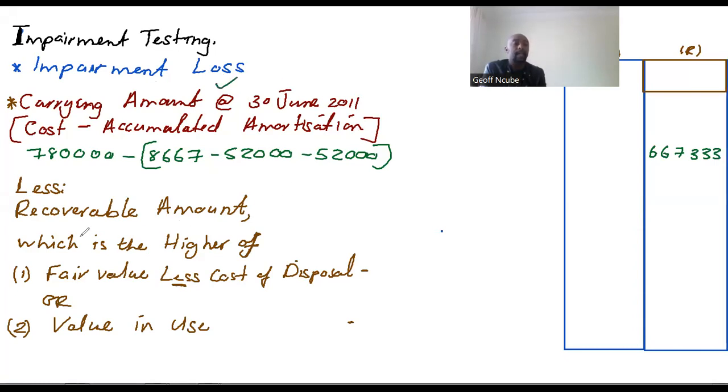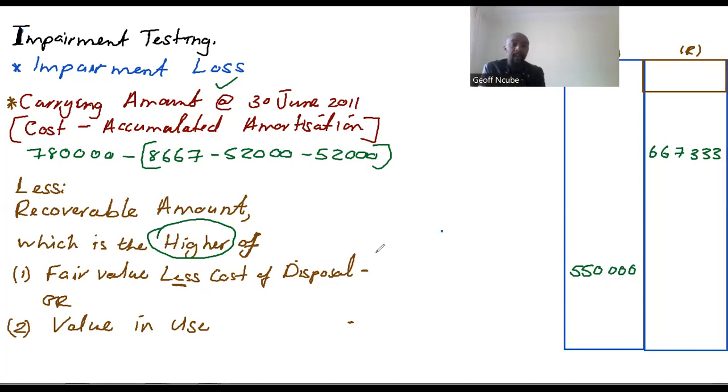Then for our recoverable amount, remember we said it's the higher of fair value less cost to sell and value in use. So our fair value is 550.